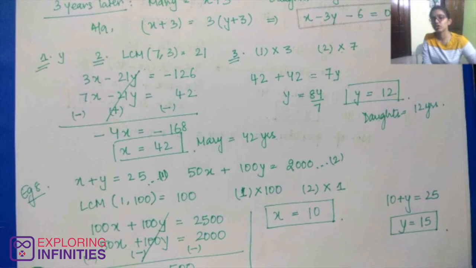Both are easy. Probably substitution was easier in example number 8, where you didn't actually have to use the elimination method. For example number 10 also, you could have used elimination or substitution. It always depends upon your convenience and the question.